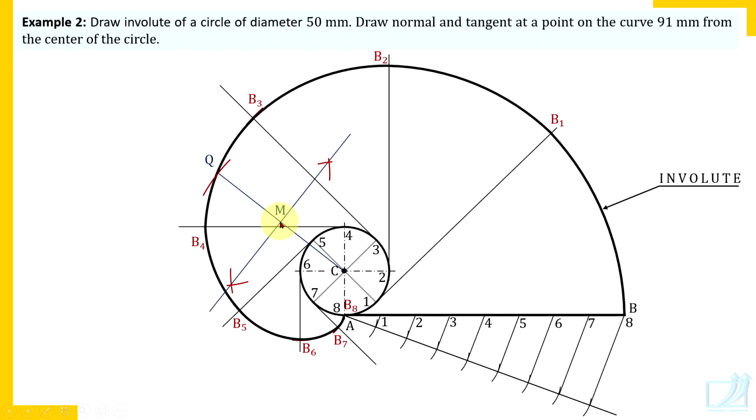Now midpoint as a center and line CQ as a diameter, you draw a semicircle. On this side of line CQ, this space is wider and the space between the curve and the circle is narrowing here.